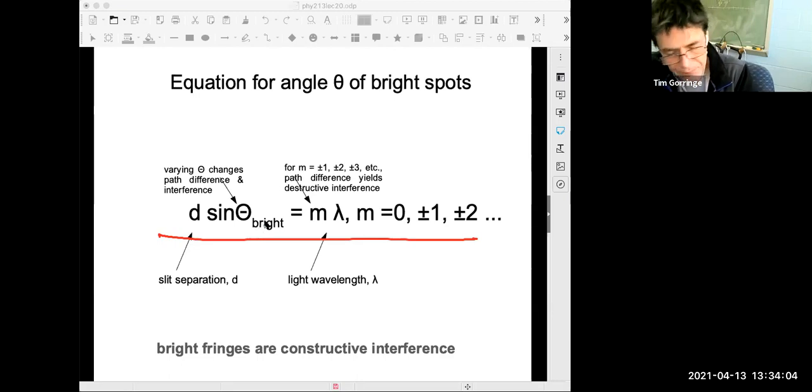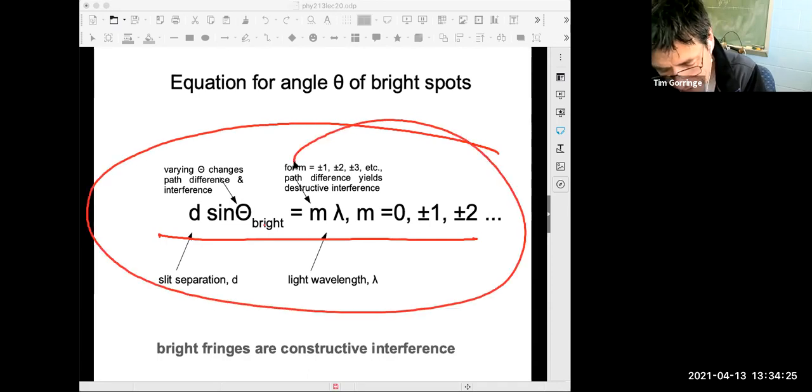Theta is now the location of the bright fringes. m is the order of the bright fringe, so first order, second order, third order, and so on. And lambda is the wavelength of the light. This equation is how we interpret diffraction patterns with a diffraction grating.